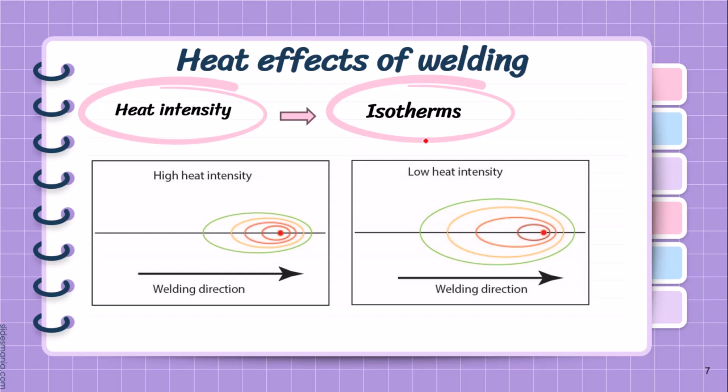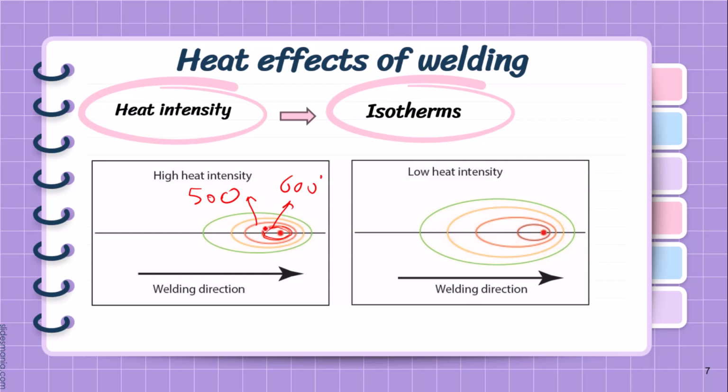Another characteristic that we can define for every welding process is the isotherm that we have during the welding. The isotherms are defined by lines that specify temperature during welding around the heat source. For example, this curve represents the regions that have temperature, for example, 600, and this curve represents the locations which have temperature of 500, and so on.